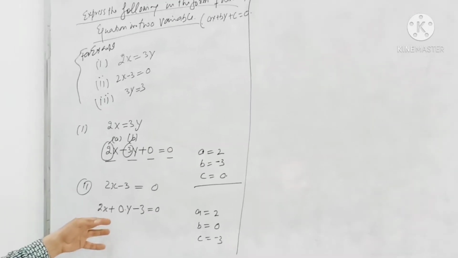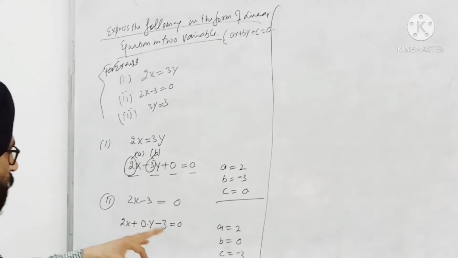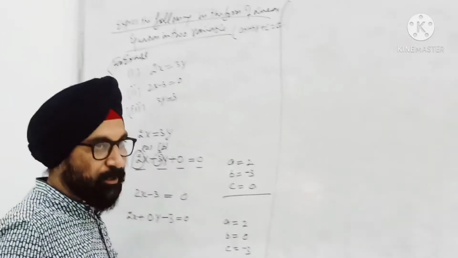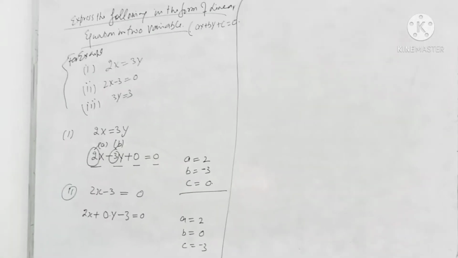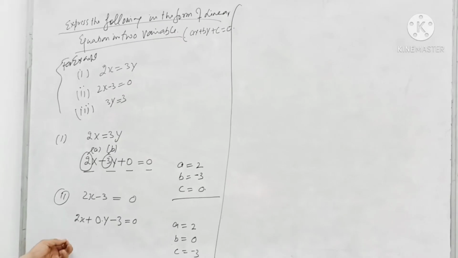We take x is equal to 0 and get the value of y, x is equal to 1, then get the value of y, and we will present them on the graph, and all the points on the graph will come on a single straight line. It will show that it is linear.